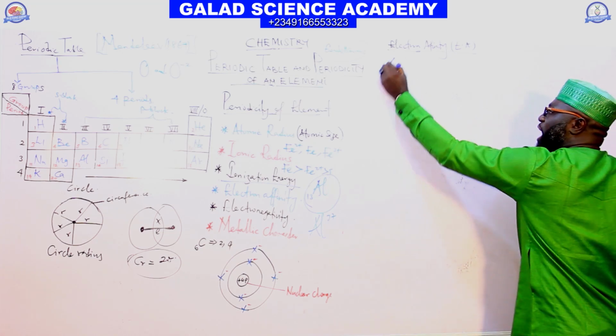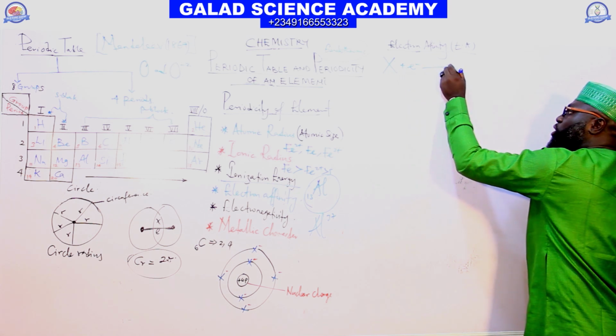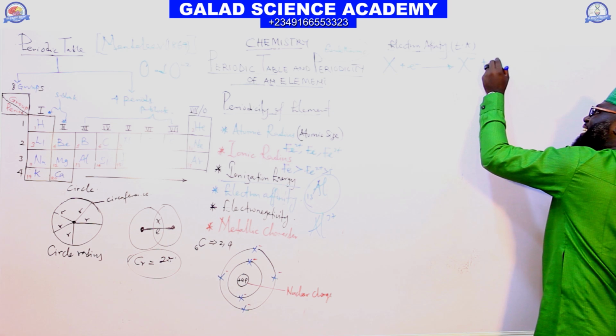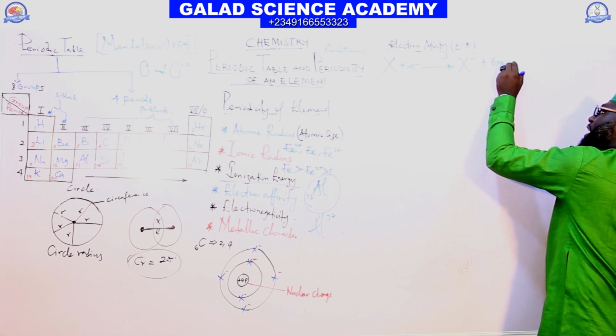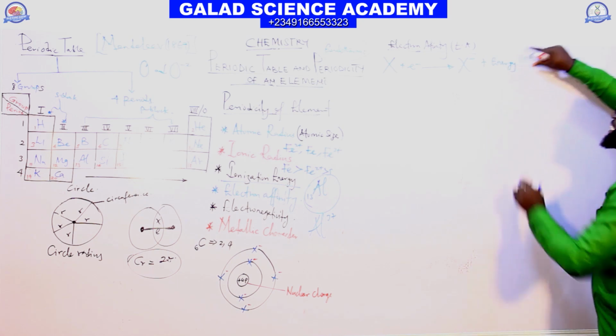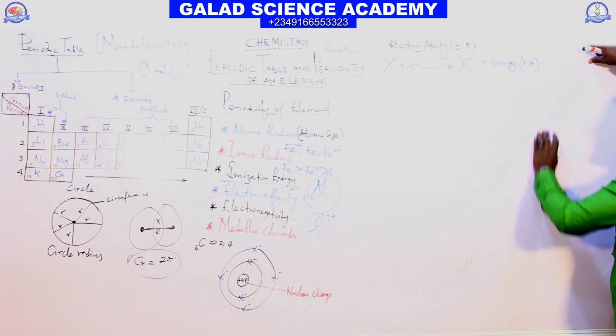Let's check. If you have element X plus one mole of electron, for X to become X minus, the energy that is liberated, that is given out here, is what we call electron affinity.